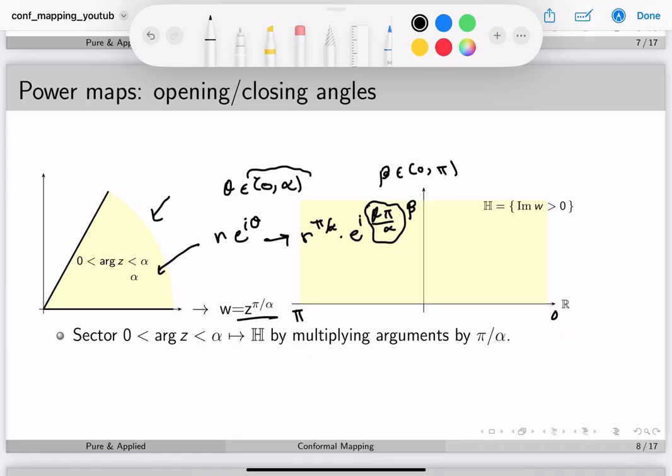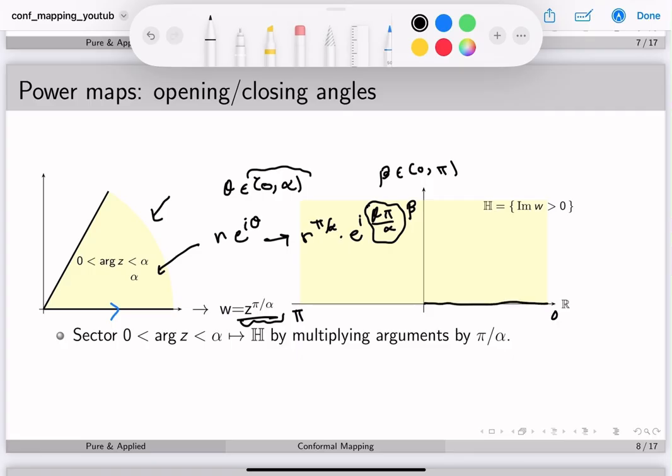The other way of thinking about it is to study what happens to the boundaries, and in this case we have these boundaries. Let me just mark them like that. So we have this boundary, for example. How would we map it? Well, if we just use this map, and in this case alpha is positive, so I'm putting a positive number in place of z here, and guess what, I'm going to go to the positive numbers, like that.